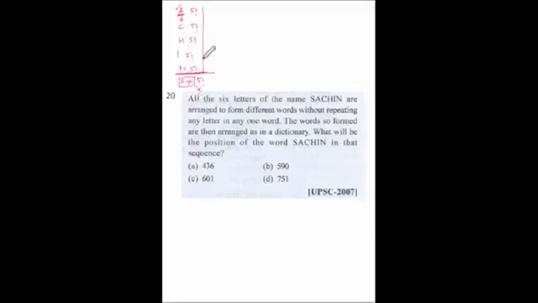So 5 into factorial 5 plus 1. So factorial 5 means 5 into 5 into 4 into 3 into 2 into 1 plus 1. So this is 25 into 4, 100 into 6, 600 plus 1. It is 601. So answer is C.